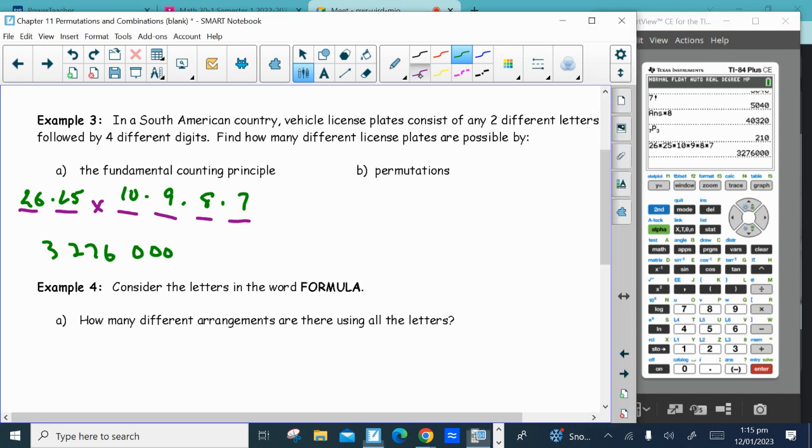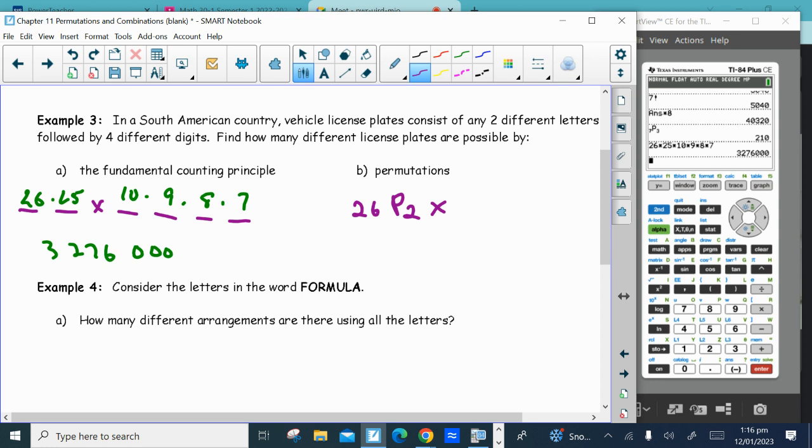Now, what if you wanted to use permutations to do this? Again, you'd have to do 2 different cases. The first would be choosing the letters. You're choosing 2 letters from 26, so that would be 26P2. You should also realize that when you're using permutations, it means that repetition is not allowed. If repetition is allowed, you must use the fundamental counting principle.